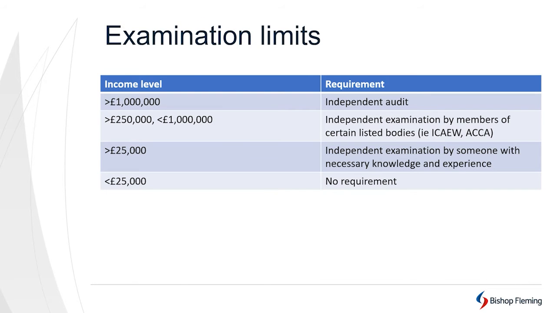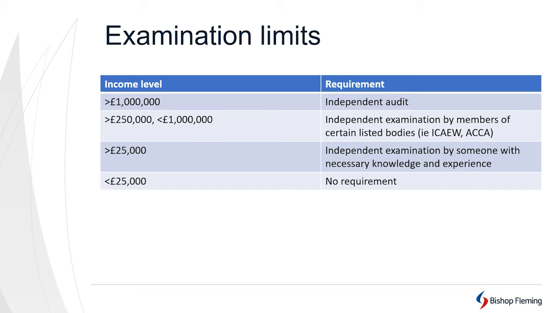Once the accounts have been prepared, there are examination requirements for charities depending on your size. What we mean here is an independent person coming and looking at the accounts and certifying them. The key limit is above £1 million income, where you must have an independent audit.